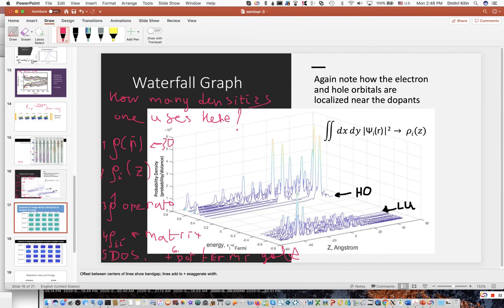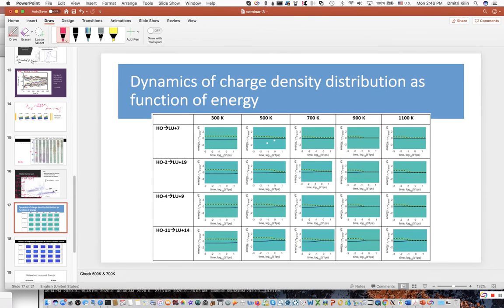Slide 17. Here I'm showing how my energy expectation values are changing with time. You can see at lower temperatures, especially 300 Kelvin, there's hardly any change.